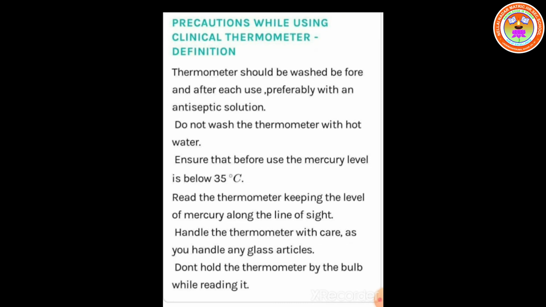Before use, the mercury level should be below 35 degrees Celsius or, in terms of Fahrenheit, 94 degrees F. Do not hold the thermometer by its bulb. Keep the mercury level along your line of sight and then take the reading.